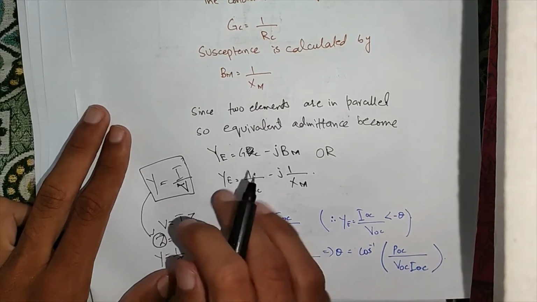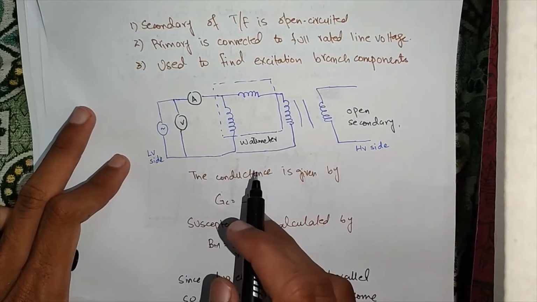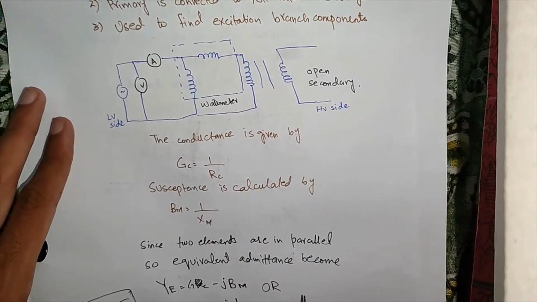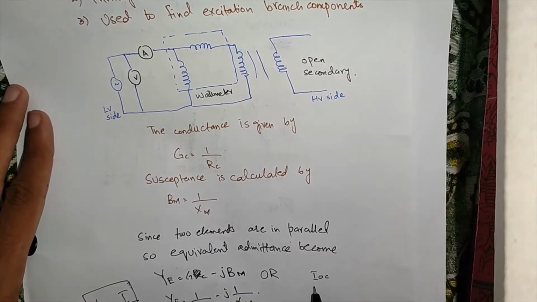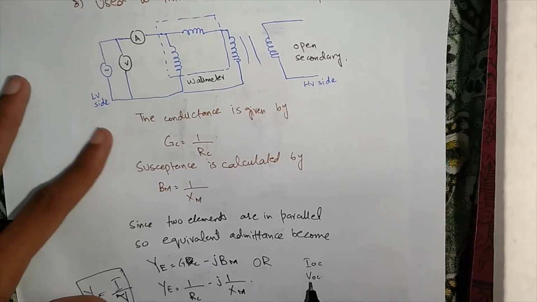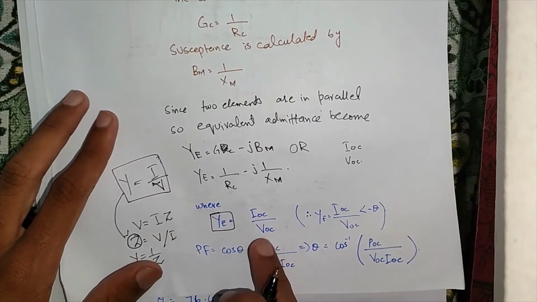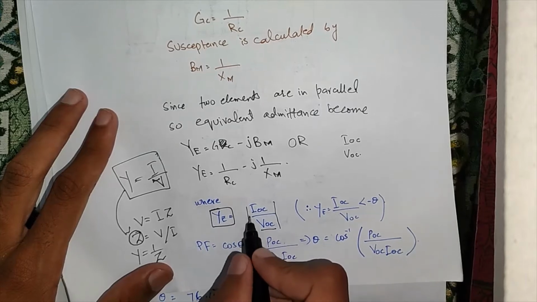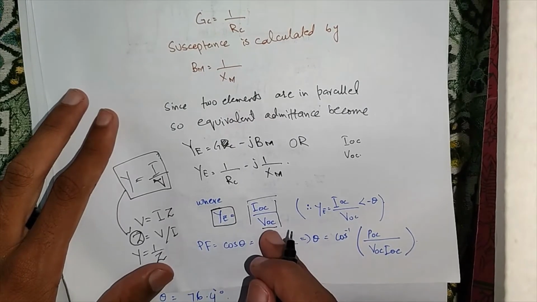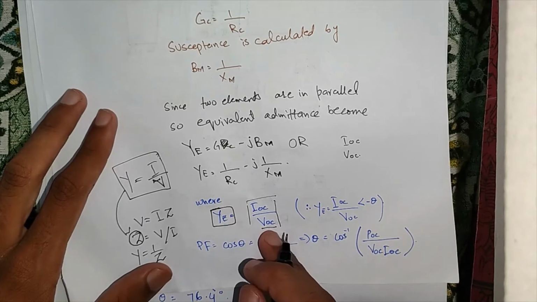Now, as the case discussed here is for the open circuit test, the current will be considered as I open circuit and the voltage will be considered as V open circuit. So the equivalent admittance will become IOC divided by VOC, where IOC is the open circuit current and VOC is the open circuit voltage obtained by the open circuit test.